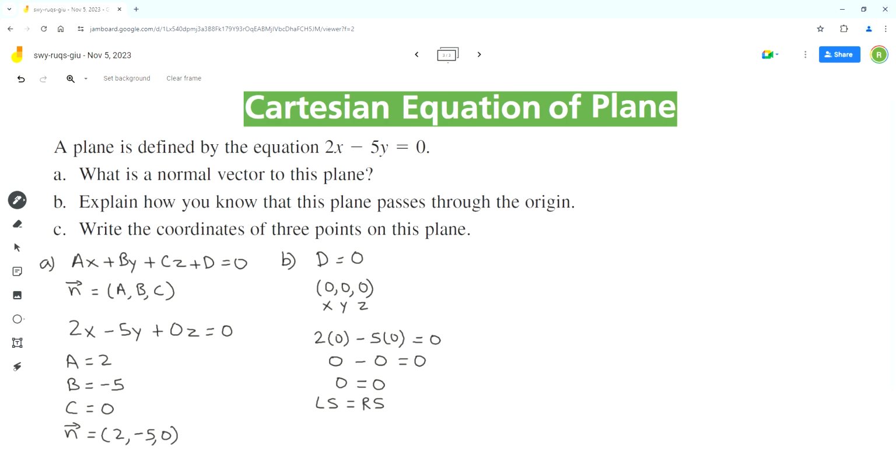Now we can answer part C. Write the coordinates of 3 points on this plane. So let's start by writing the given equation. We can include the z term by showing its coefficient as 0.